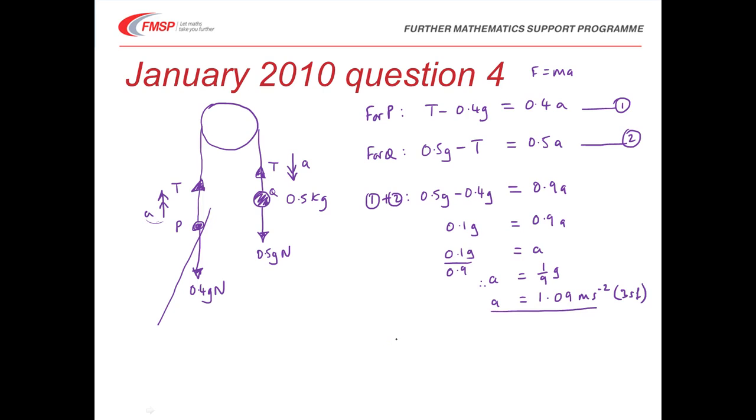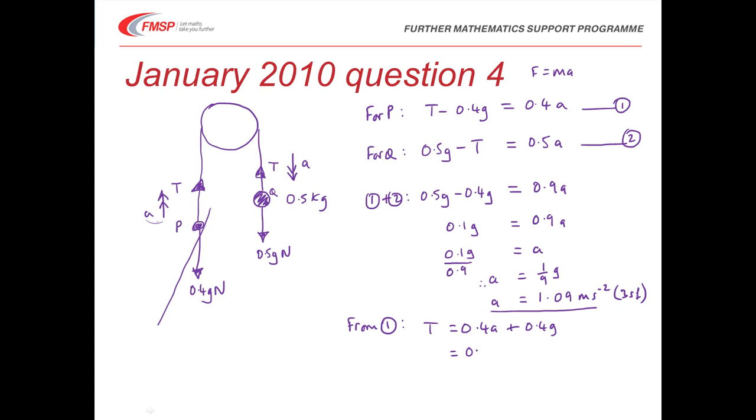That's the acceleration. Let's pop that back into equation 1 to find the tension. And I've chosen 1 because I can easily rearrange equation 1 by adding 0.4 g to both sides. So equation 1 gives us T equals 0.4 a plus 0.4 g. Well, I know what that is.